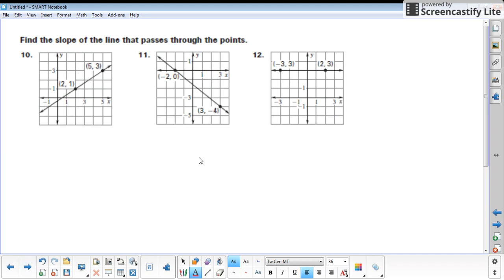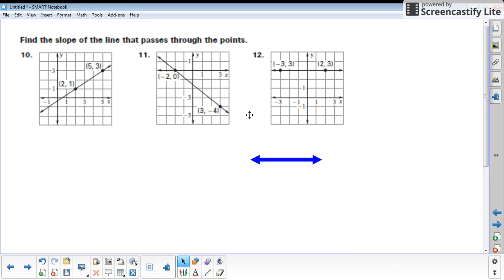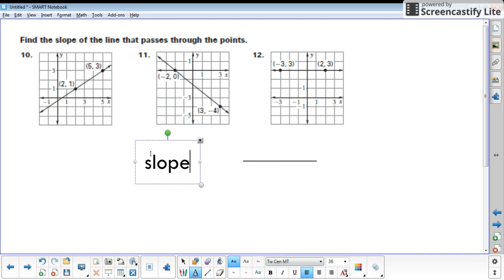On the second page, these are just regular slope problems, so you're going to calculate out the parts as you need. For slope, in this case, you have the change in y, and the y is always the second value, remember?